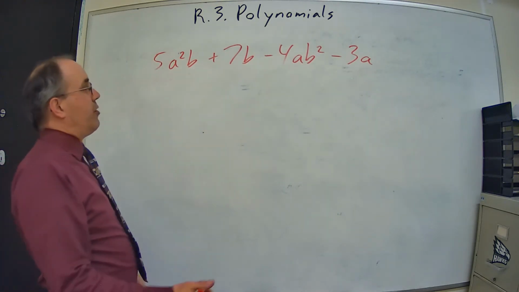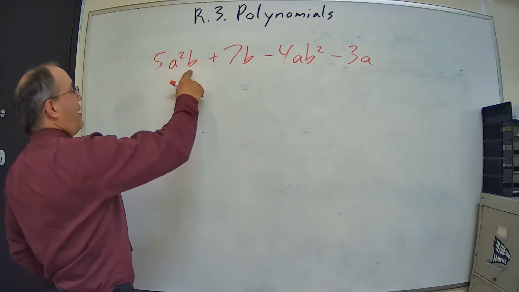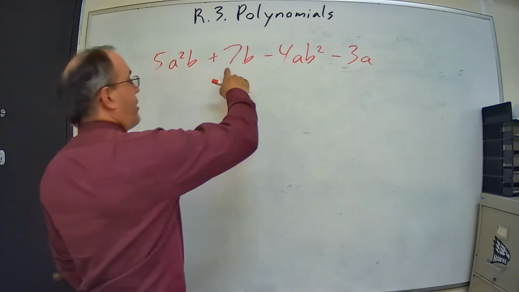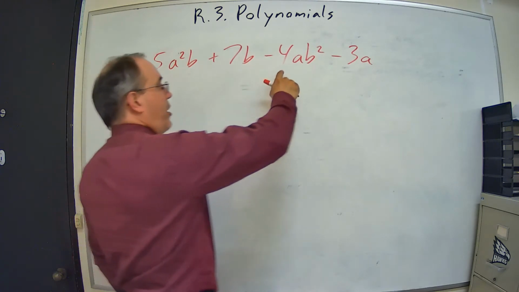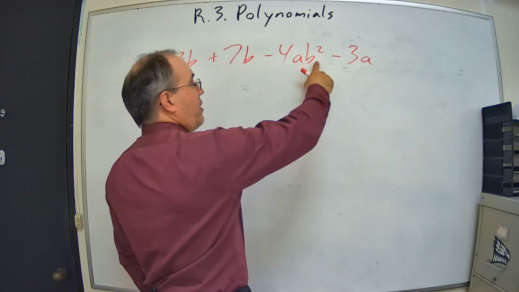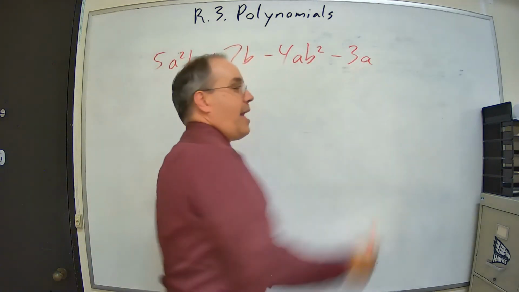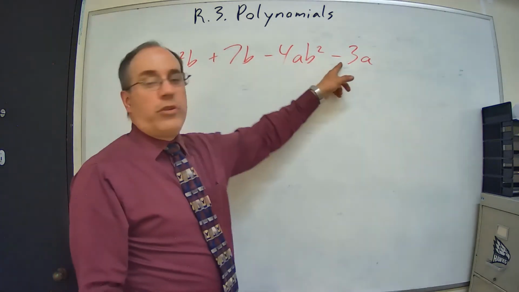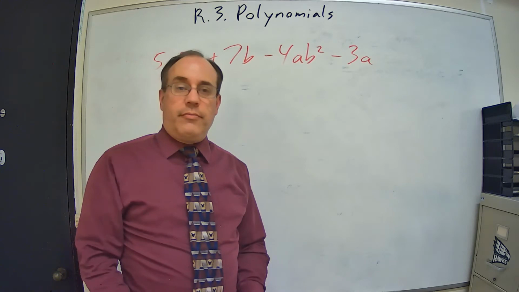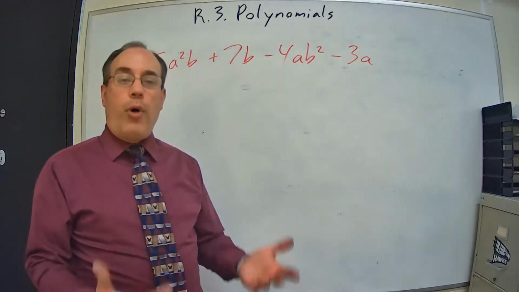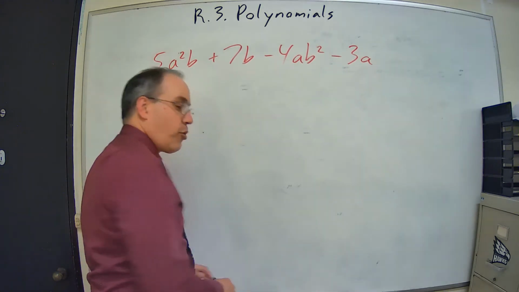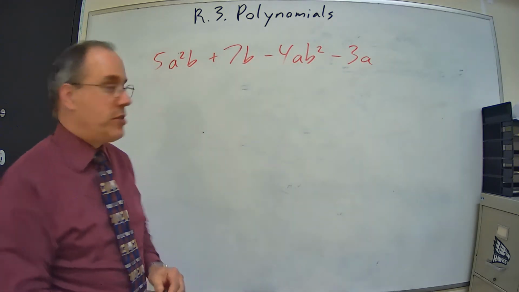Notice that we have a product, 5a²b, another product, 7b, another product, 4ab², another product, 3a, right? And they're combined by either addition or subtraction, giving us this polynomial. A polynomial consists of one or more terms.